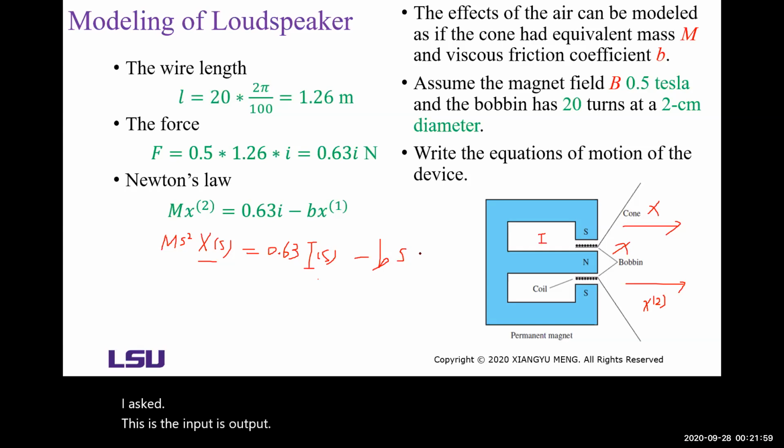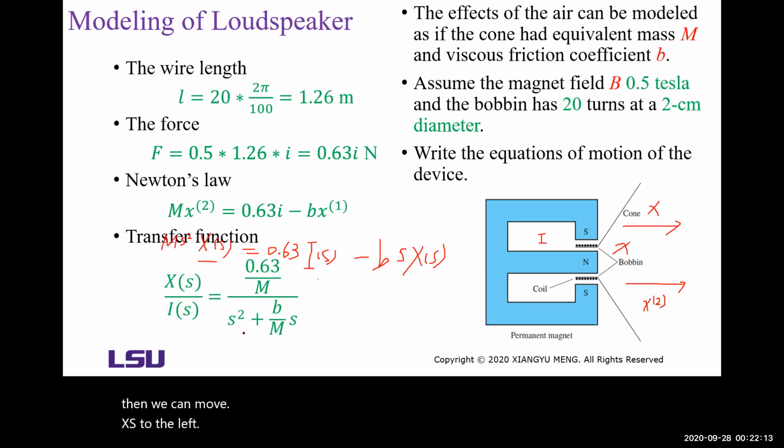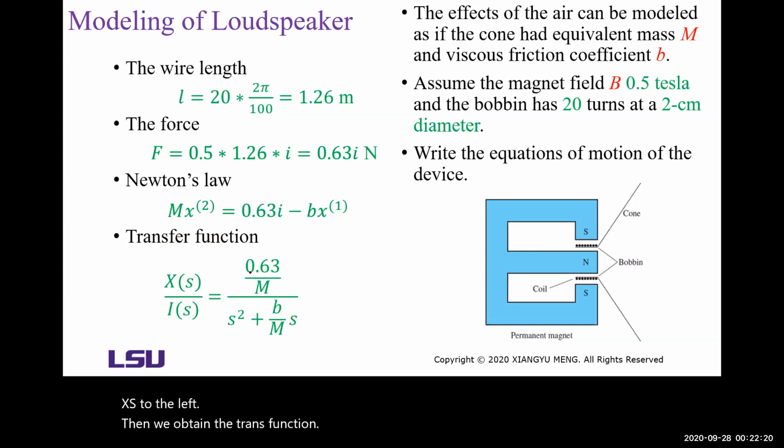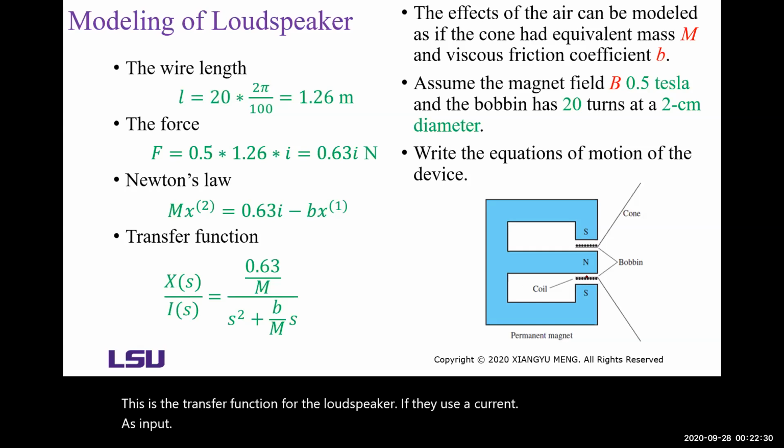Then we can move B s X(s) to the left. Then we obtain the transfer function. This is the transfer function for the loudspeaker. We use the current as input and the motion of the bobbin as output.